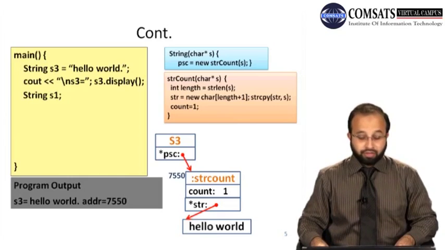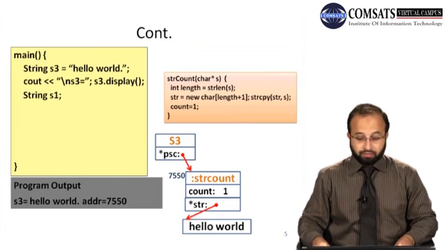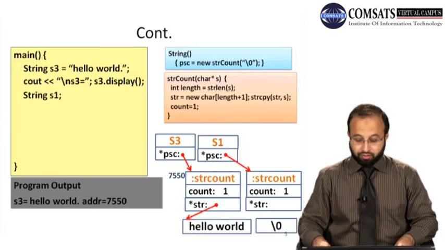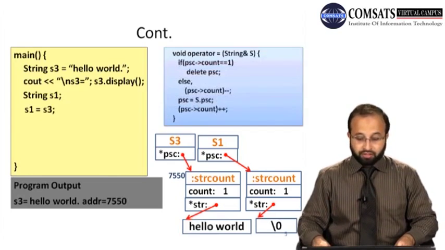Then we create another object s1. Now the default constructor will be called, so null से initialize कर देगा string को, so ये null से initialize हो जाएगी. Now the next statement is the assignment, right? So we have an overloaded assignment operator, right? Now the first thing it will check is pcs. इसमें s1 का pcs है because s1 is the invoking object that invokes the operator equal function, right?